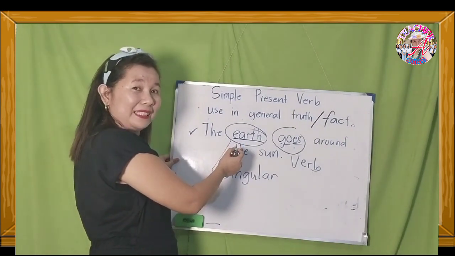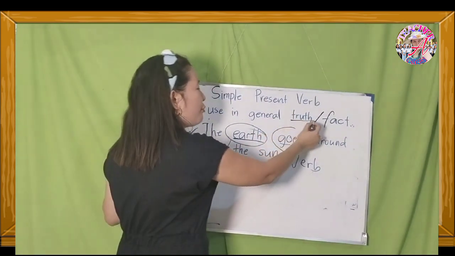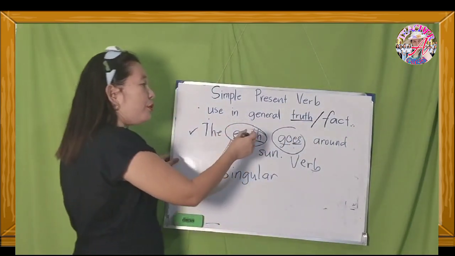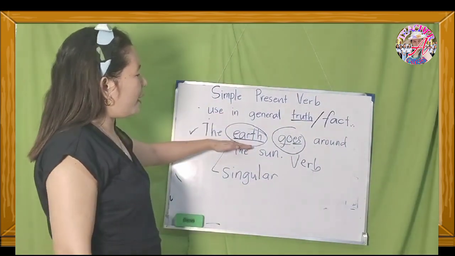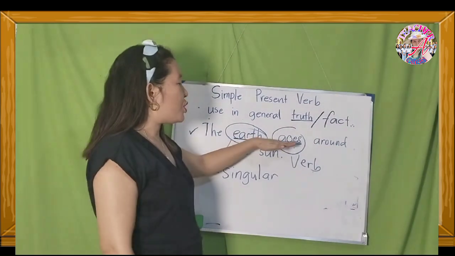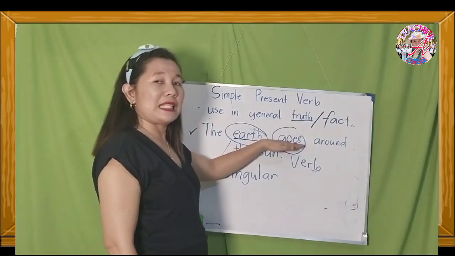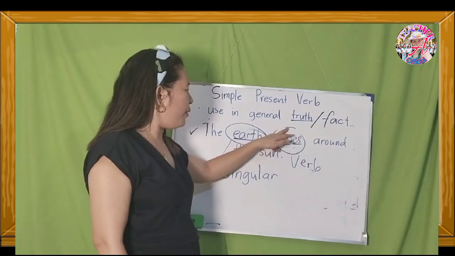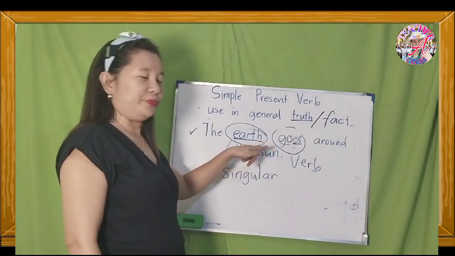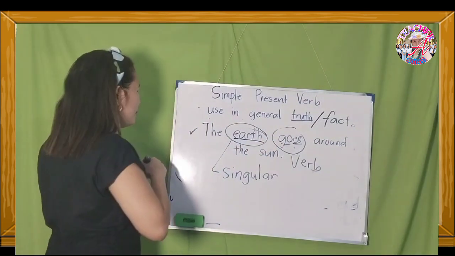The sentence is a fact. It is true that the earth goes around the sun. Subject singular, your verb should have ES, or you are going to add ES to the base form of the verb go.